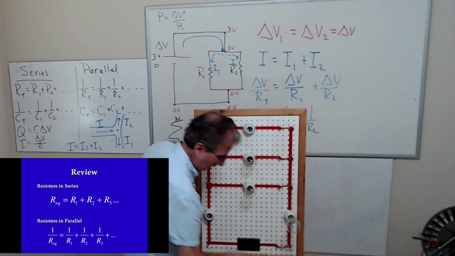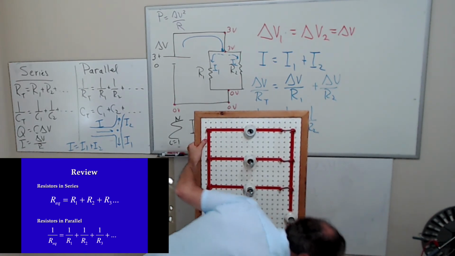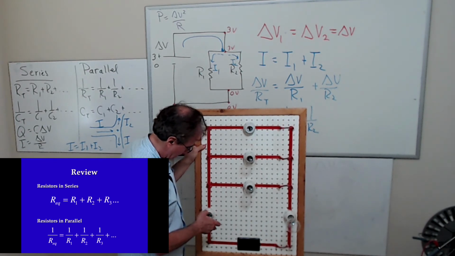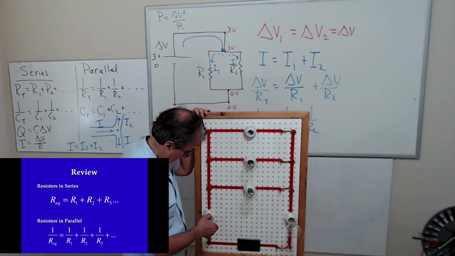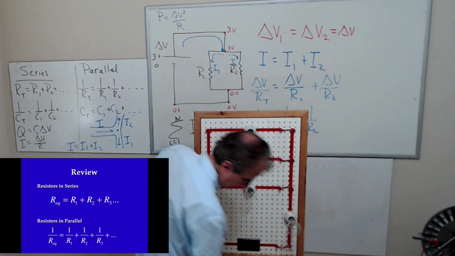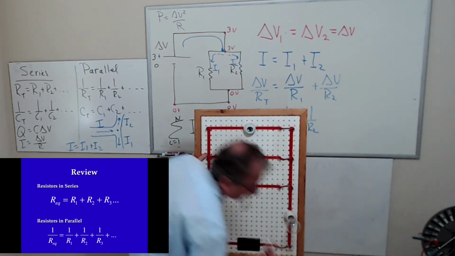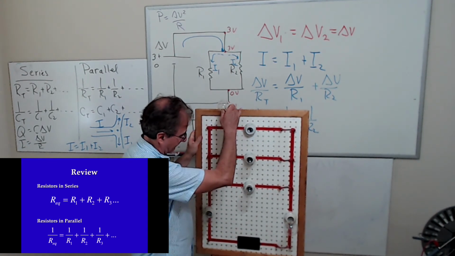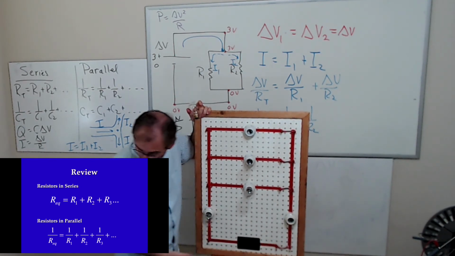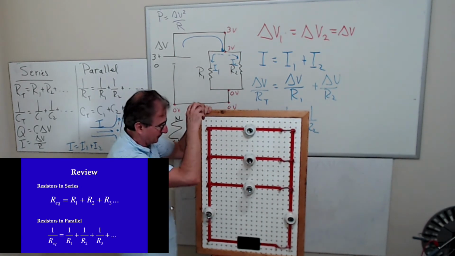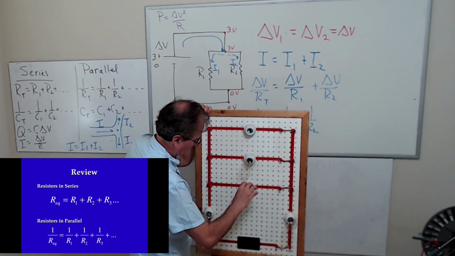Let me get a bunch of 25 watt bulbs here. Let me take this one because it has too low of a resistance. Let me do the following.